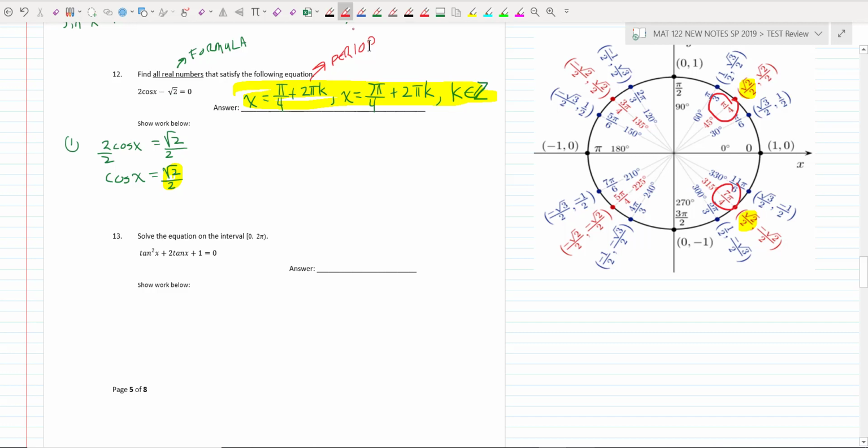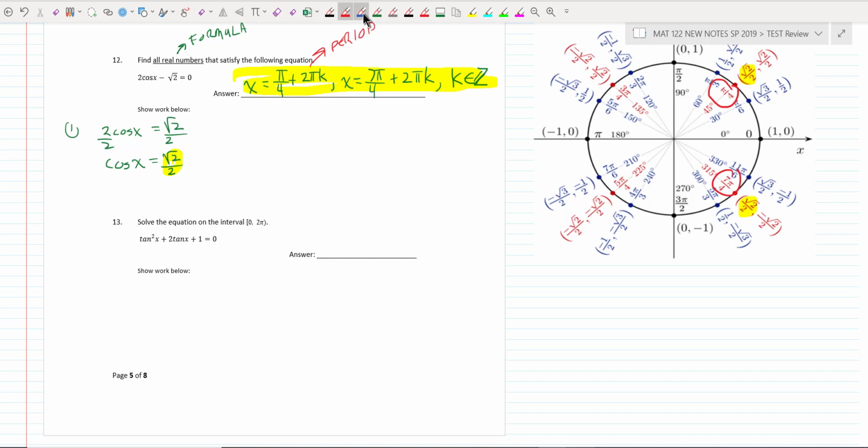The next kind of thing we looked at was factoring. We learned how to solve trig equations on an interval by factoring. This time you're given that I want a radian answer from 0 to 2 pi, including the 0 but not the 2 pi. So this is a factoring problem: tangent squared x plus 2 tangent x plus 1 is equal to 0. You'd draw your two parentheses, with tangent x and tangent x, 1 and 1.